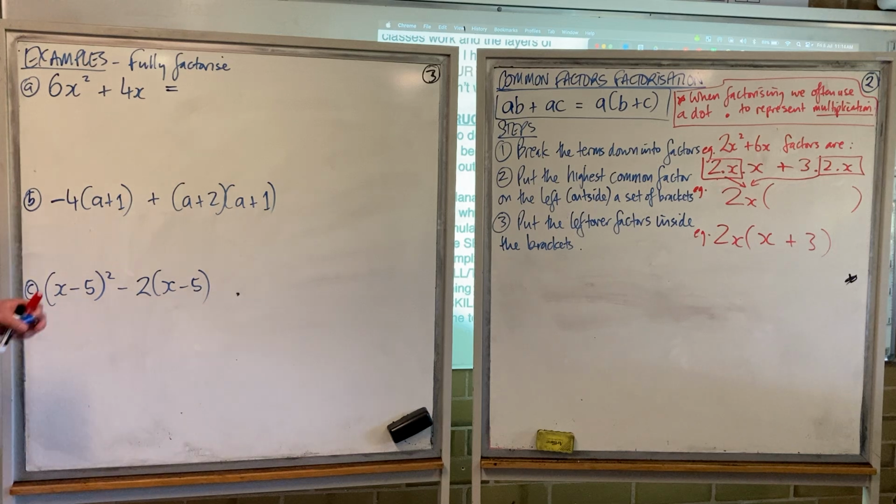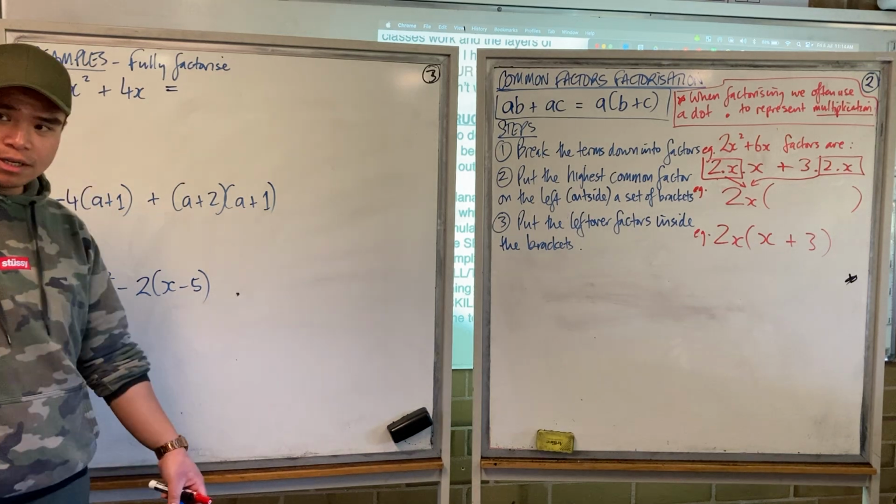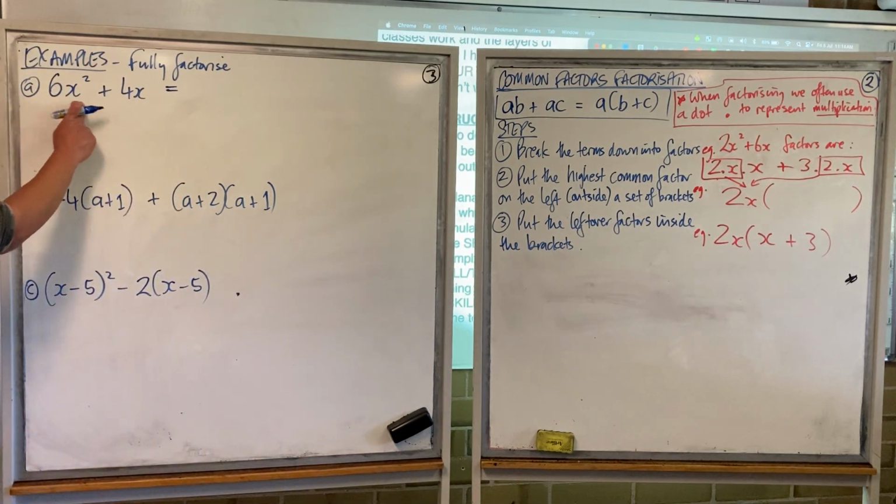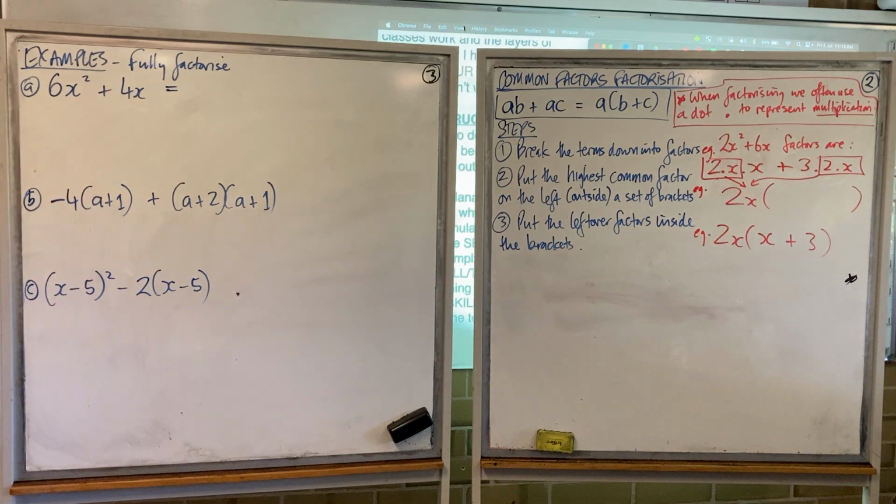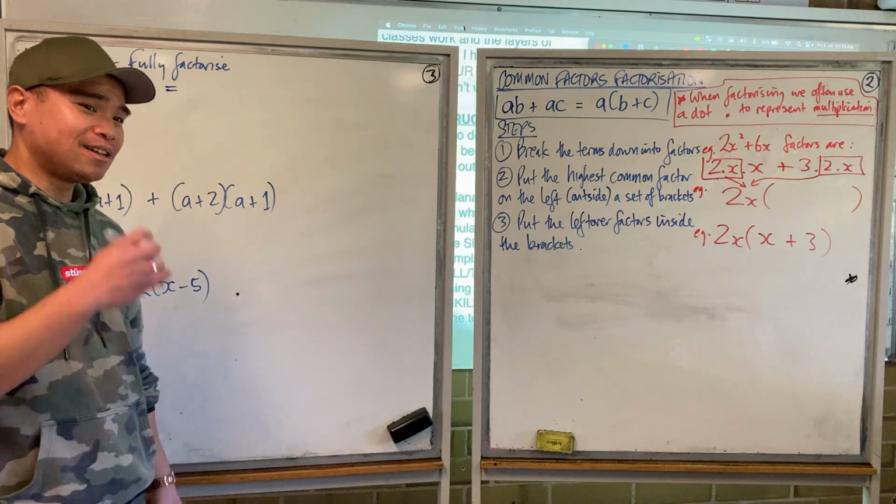Someone other than that table there is listening. What could I break this down into? What numbers can I multiply to get 6x squared? What numbers can I get? Yeah, 6 and 4.